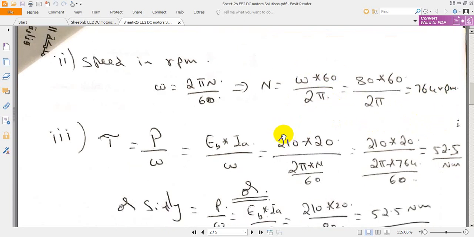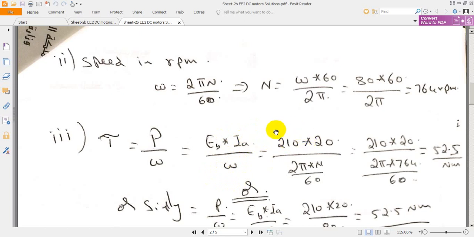The next parameter that we need to calculate is torque. Torque is given by power by omega. Power value is Eb into Ia, divided by omega. We know Eb, we know current, and we also know the omega value.